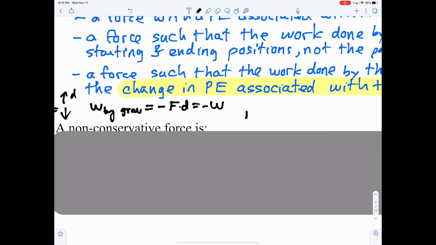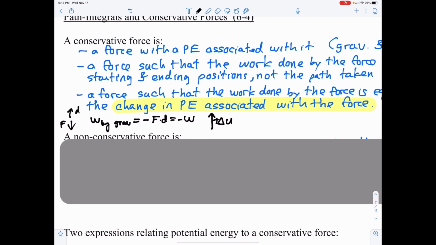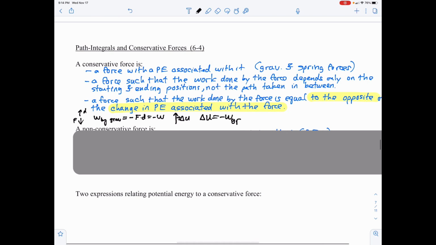However, when you move it upwards, you're increasing your potential energy, and that's a positive change in potential energy. So this is an example where the change in potential energy is equal to the negative work done by gravity.